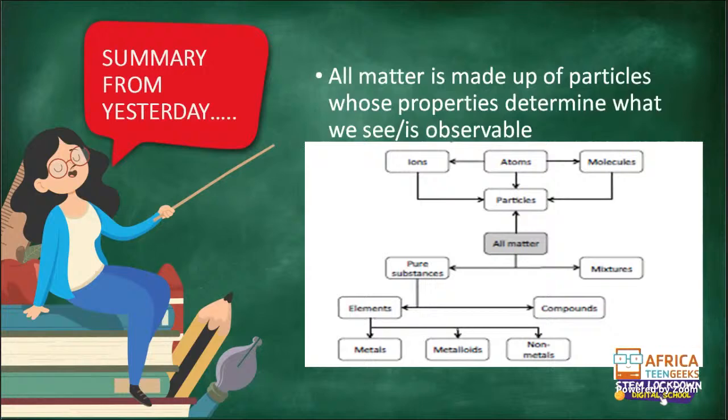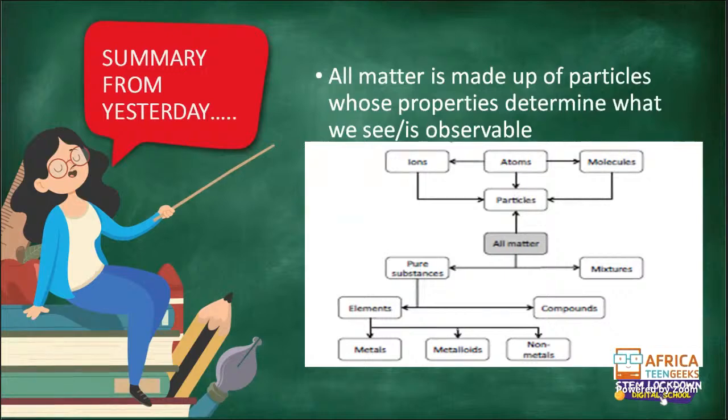If we look at the mind map, matter is made up of particles, and atoms are also made up of smallest particles. Atoms will come together to give you molecules. Atoms will also lose or gain electrons to become what? Ions, or to form ions.